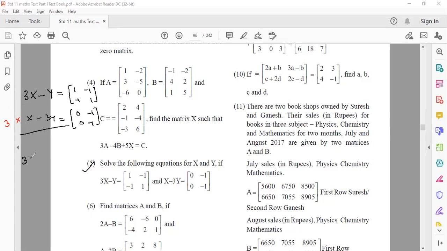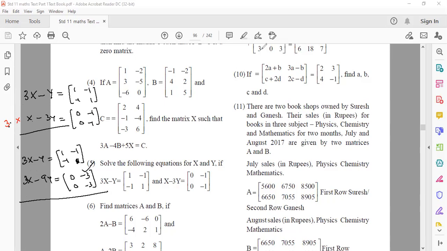So can I write this way? 3x minus y is equal to [1, -1; -1, 1]. When you multiply this with a 3, it becomes 3x minus 9y. When you multiply this with a 3, every element will be multiplied with 3. Is that clear to everybody? Yes, sir.